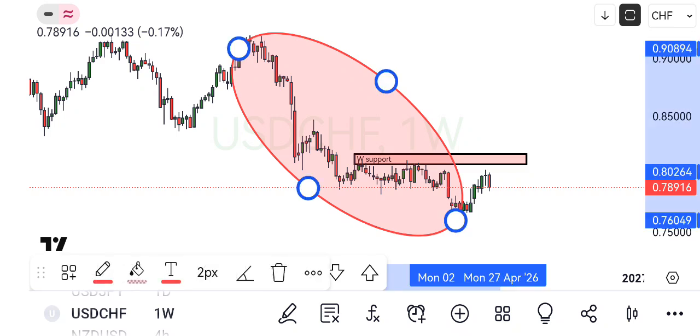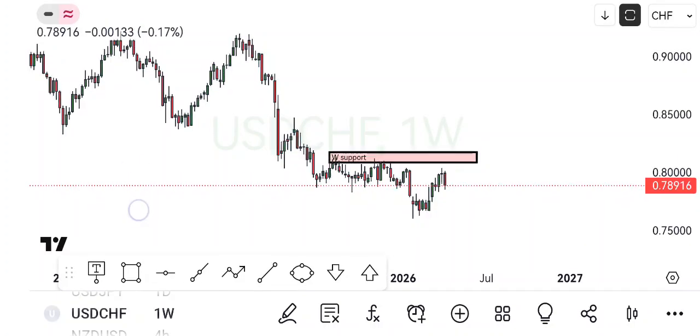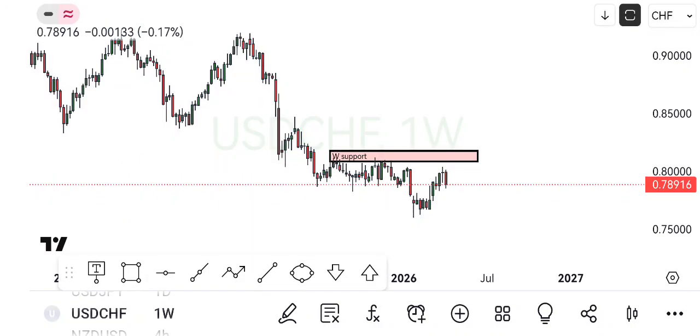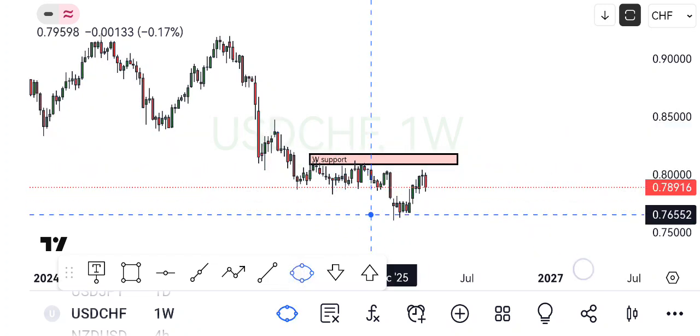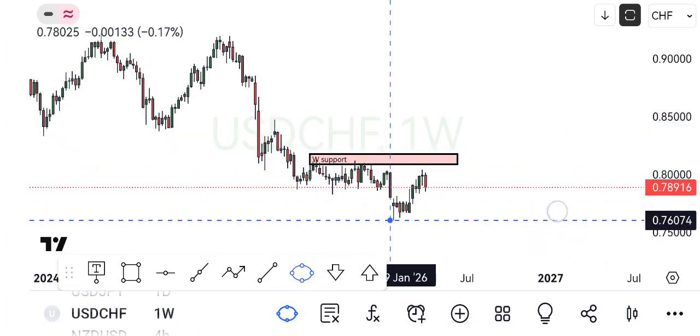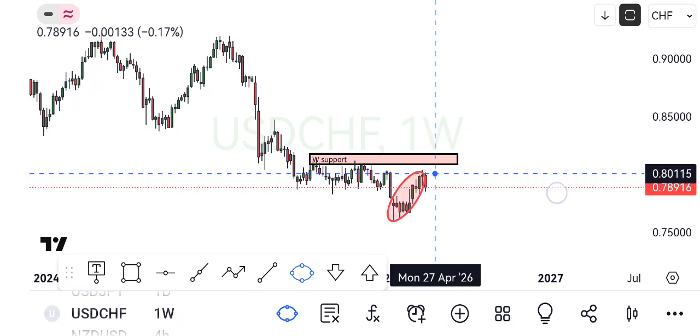But when we go to lower time frames, remember we have a downtrend under weekly. When we go to lower time frames, daily, the H4 and the 1 hour, you might find that the market is doing the opposite.